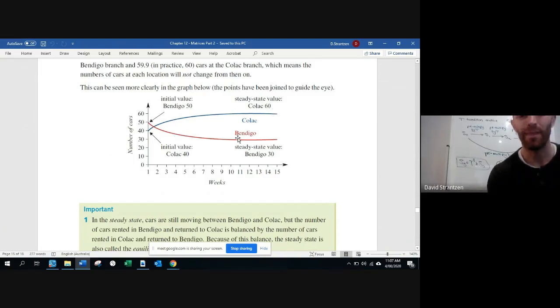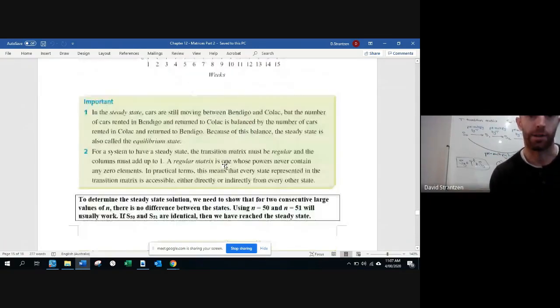And you can see that these curves are flattening out and eventually they become horizontal. Okay, so the number of cars in Colac remains fixed at 60 and the number of cars in Bendigo remains fixed at 30. And no matter how long I continue this graph for, those curves are going to remain horizontal.